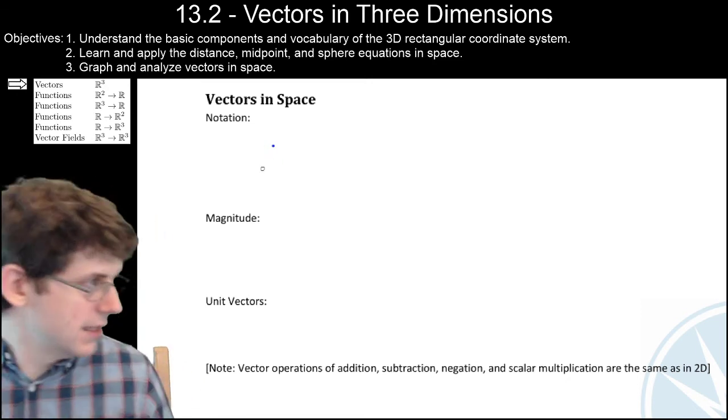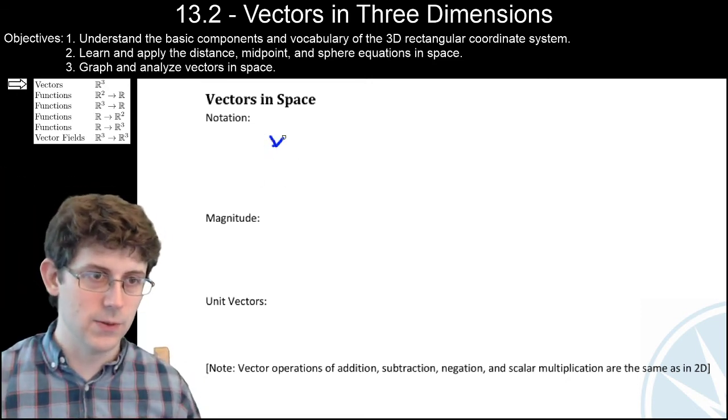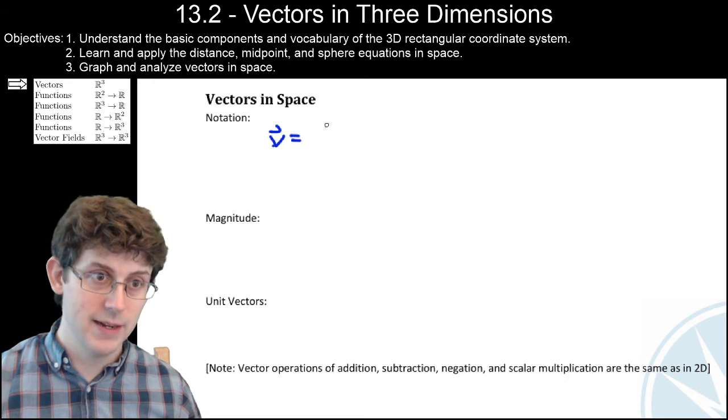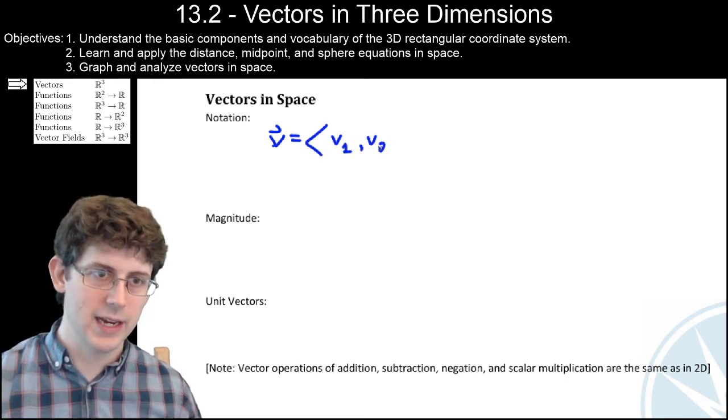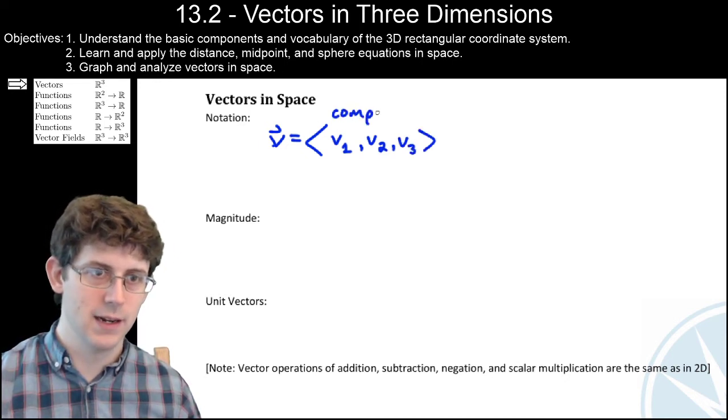So our notation that we'll generally use is you will write a vector in component form by writing three components: the x component, the y component, and the z component. So this is component form.